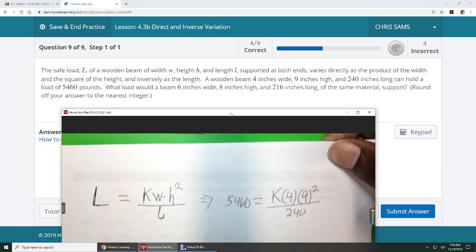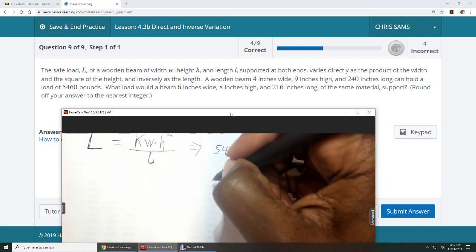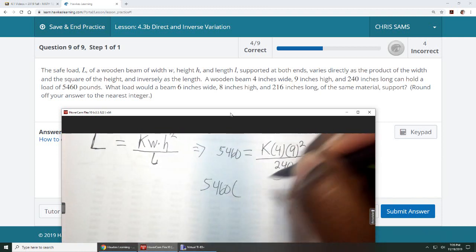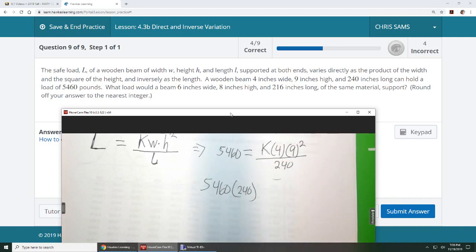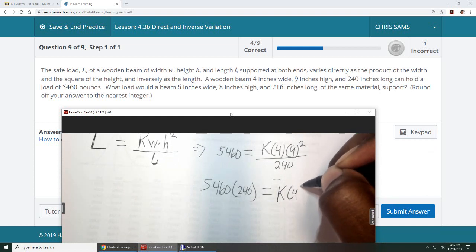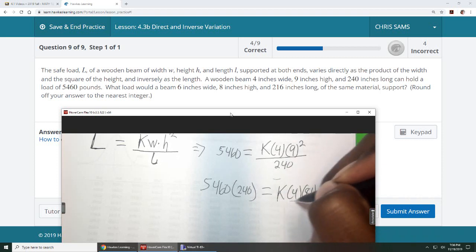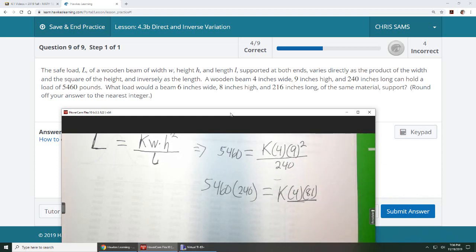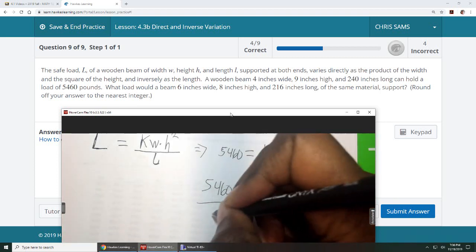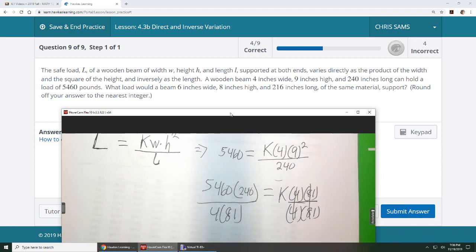Once we find K, we're going to plug it back in, all of these values, and then figure out what L is. Okay, so doing the math, we're going to multiply to get rid of division. So we're going to have 5,460 multiplied by 240. I'm just going to do all the math at the end. And that equals K. And then I'm going to do 4 times 81. Now I'm going to divide to get K by itself, this 4 times 81 on both sides. And this is going to leave me with what K is equal to.